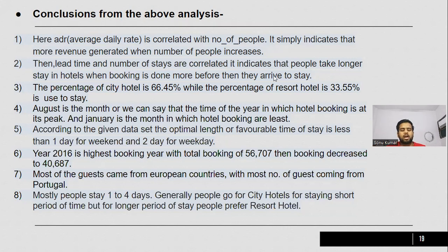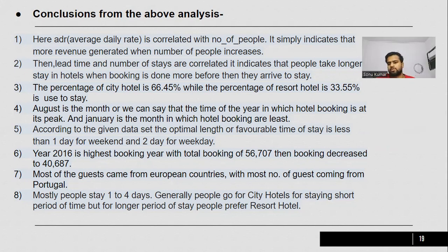In the second graph, we saw that wait time and number of stays are correlated, indicating that people take longer stays in hotels when the booking is done before they arrive. In the third slide, we discussed that the percentage of city hotel is 66.45%, while the percentage of resort hotel is 33.55% of the total stay.